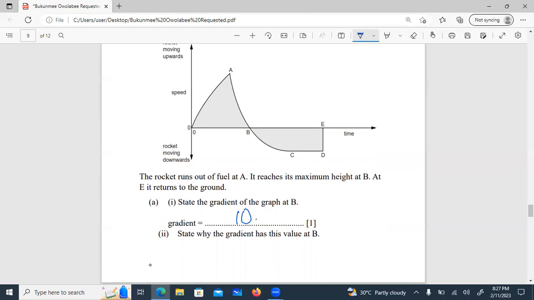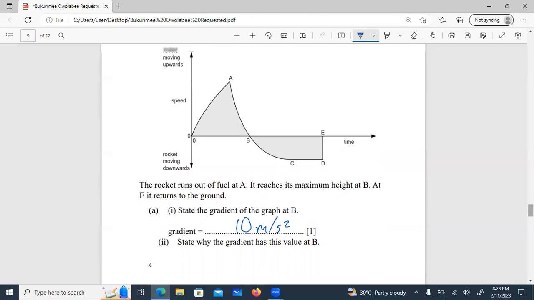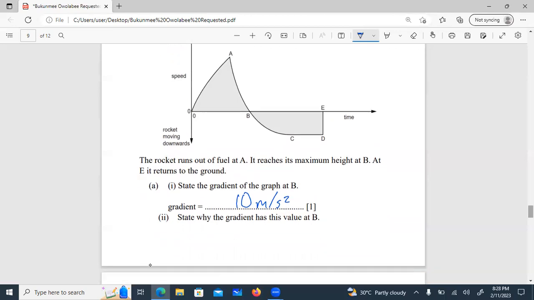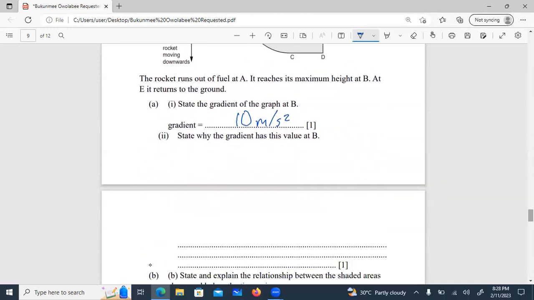That's why we say the gradient is 10 meters per second square, which is the acceleration due to gravity on the Earth. So gravity keeps acting on it. So whether you put plus 10 or minus 10, it does not matter. Gravitational field strength is 10 meters per second square, and it acts towards the center of the Earth.